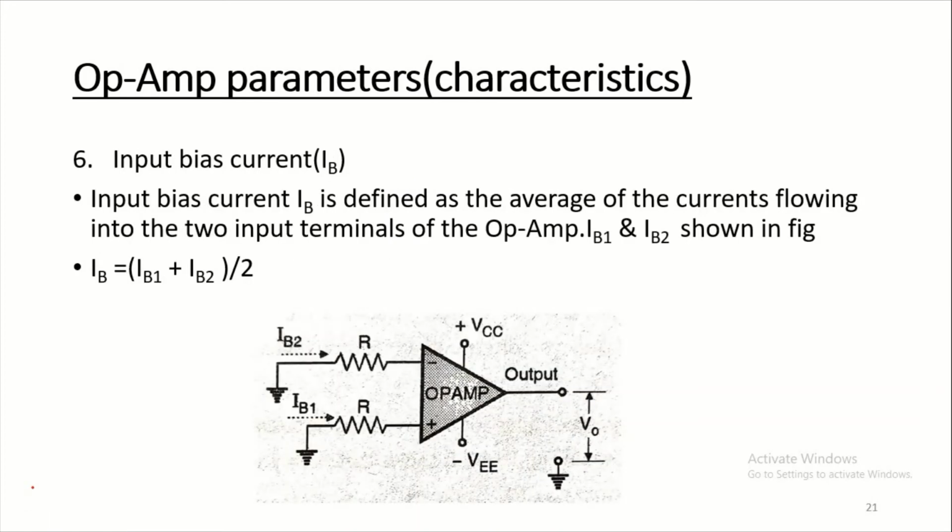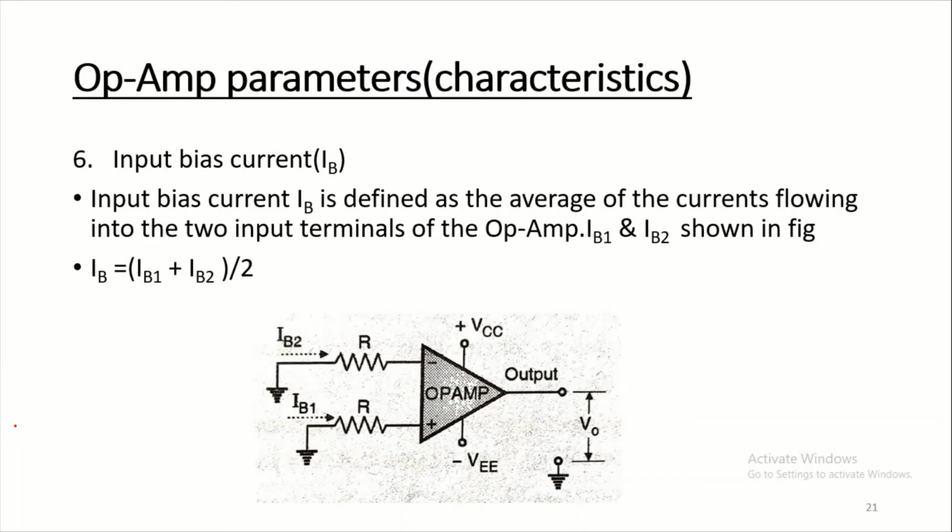The next is input bias current. The definition of input bias current is the average of the currents flowing into the two input terminals of the op-amp. Let the two input currents be IB1 and IB2. So input bias current is the average of these two currents. Therefore IB is equal to IB1 plus IB2 divided by 2.